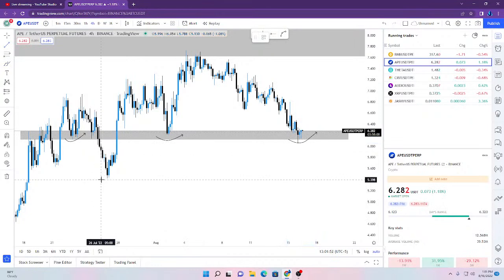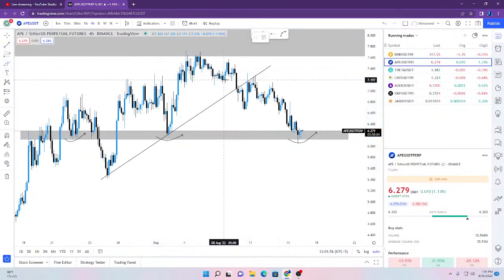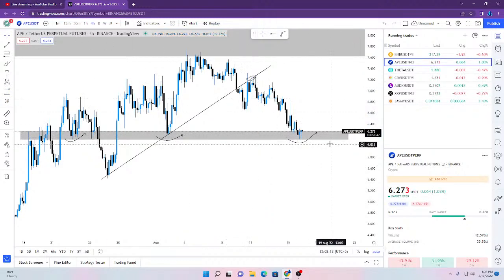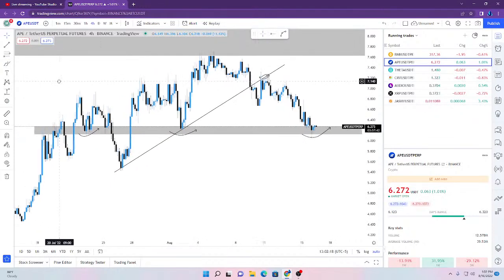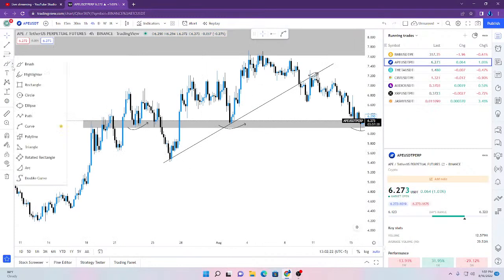For Ape, what we see was this: we broke this, gave a trend line like we saw in Theta, gave a retest, weren't able to close a candle above this, and since then we have dumped around 10%, 15%, 16% on Ape. So this is a very strong demand zone. We might average out on this if anybody wants to get into Ape, or else we got this perfect entry.